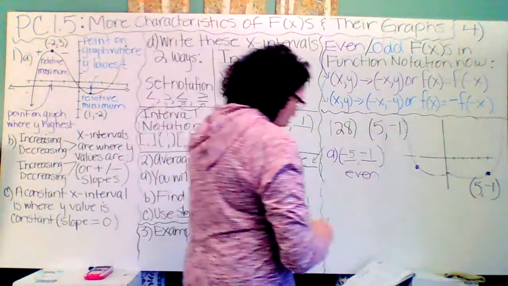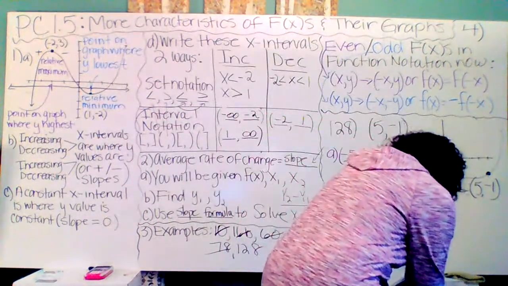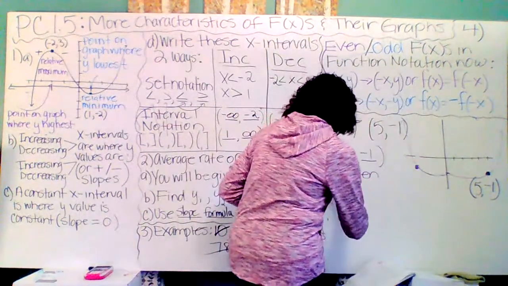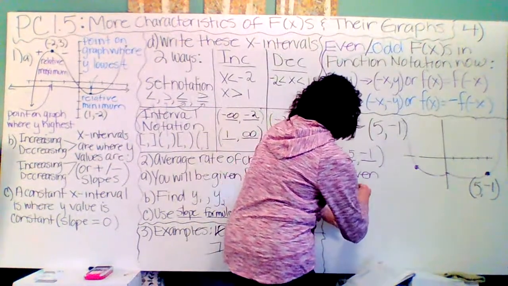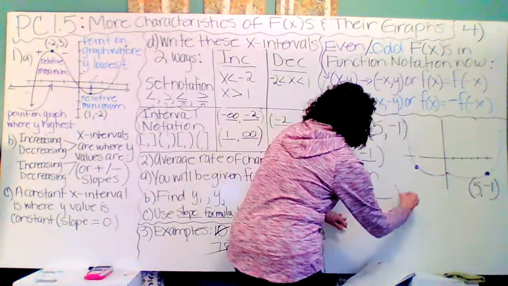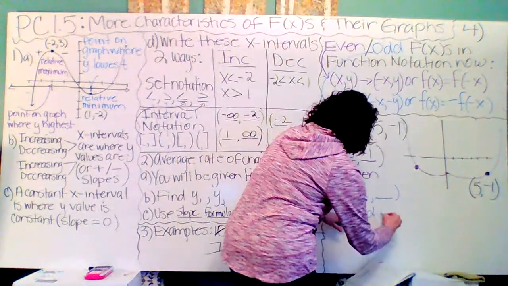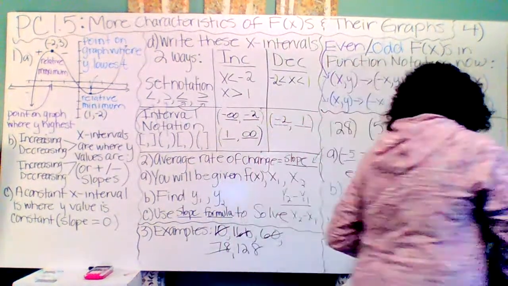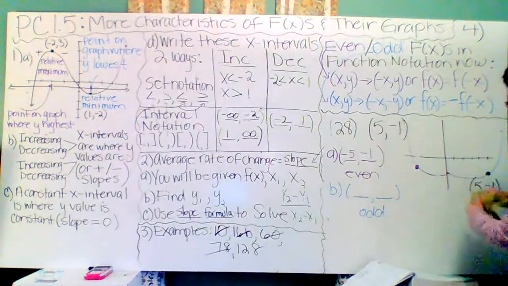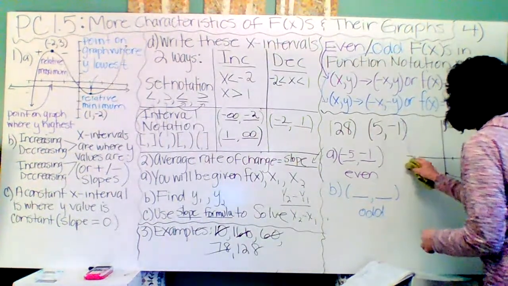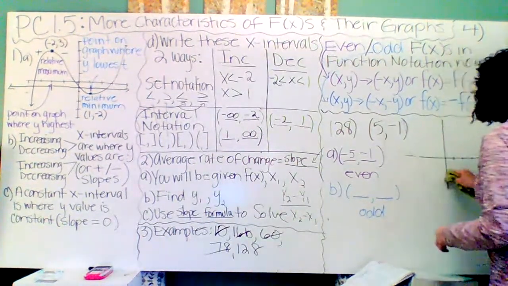Okay. So of course on B, they ask for another point if the graph is odd. So they want another point if the graph is odd. So let's erase, right? Because I have an even function, not an odd. Okay, here we go.